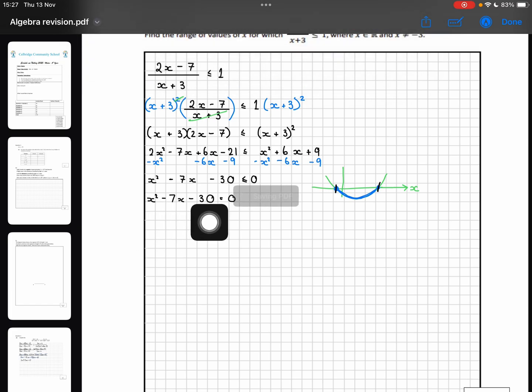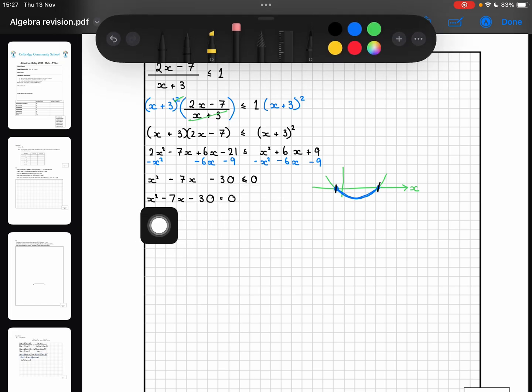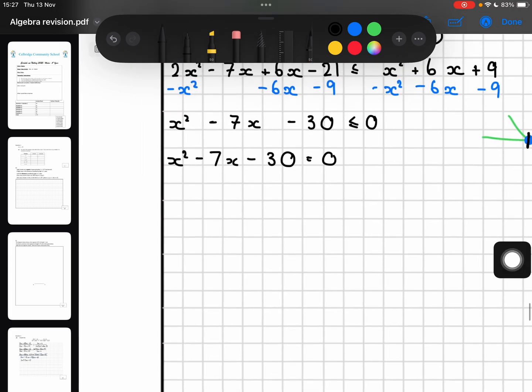This is a nice quadratic for me to quickly factorize because the leading coefficient is 1. Or you can use the minus b formula, it's up to you. But I can do this really nicely and quickly by finding numbers that multiply to give me minus 30 and add to give me minus 7.